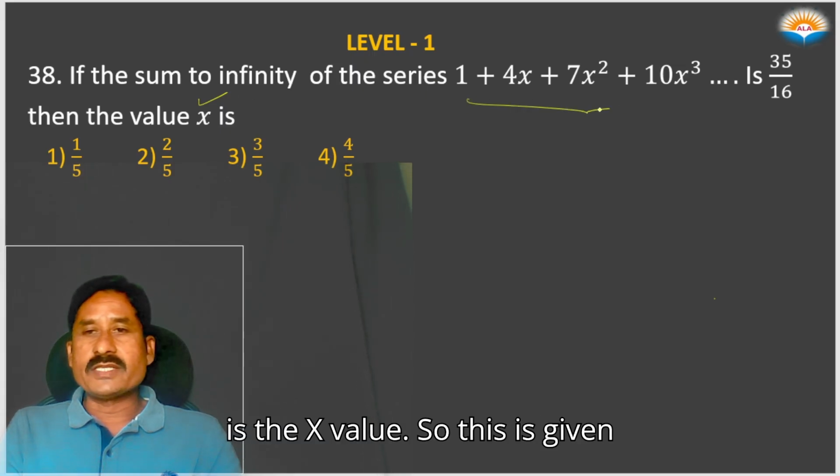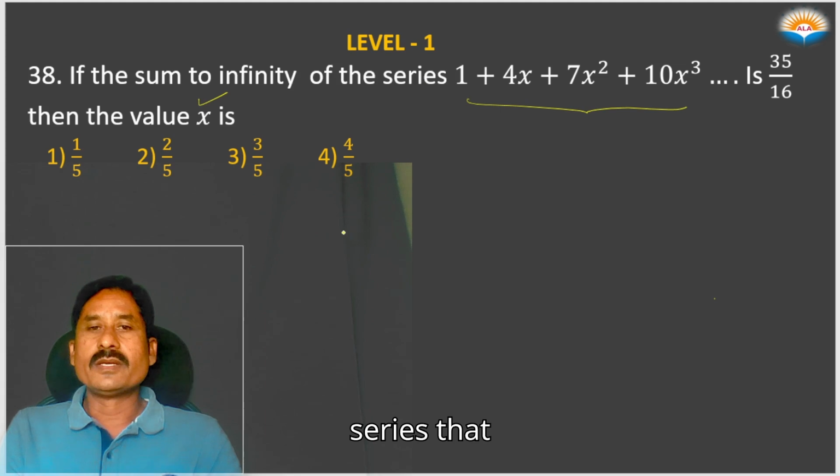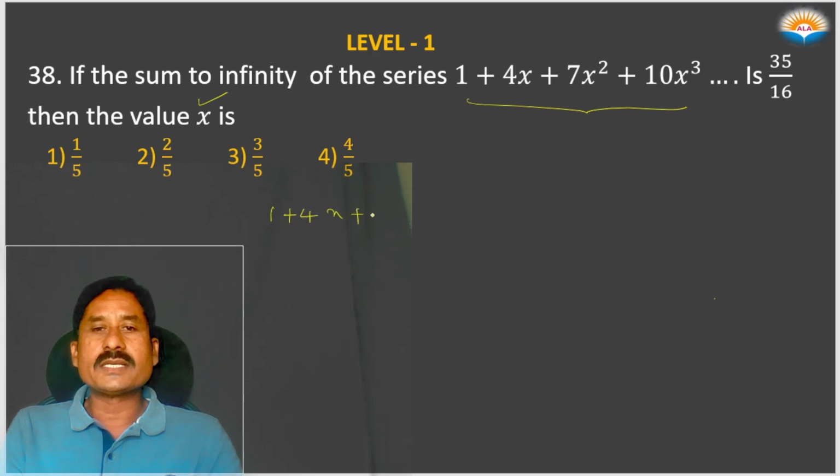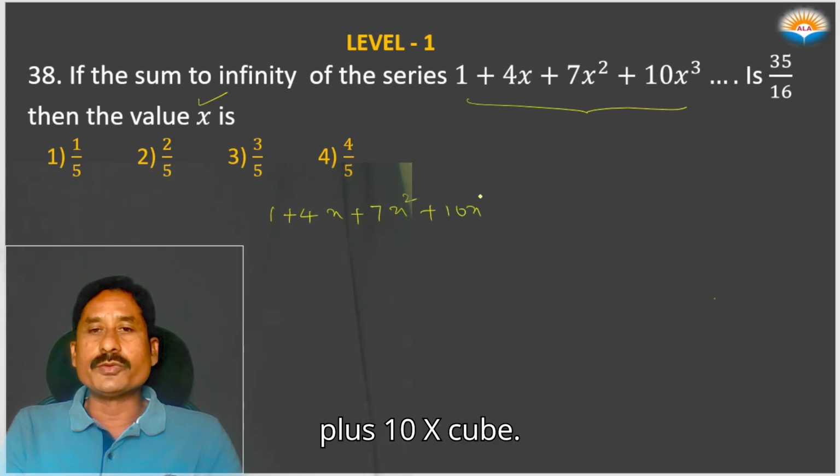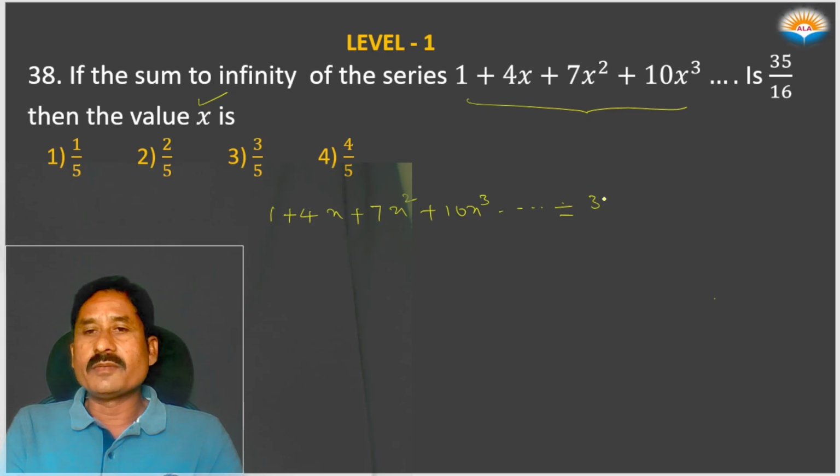So this is the given series: 1 plus 4x plus 7x square plus 10x cube, and so on. This sum is 35 by 16.